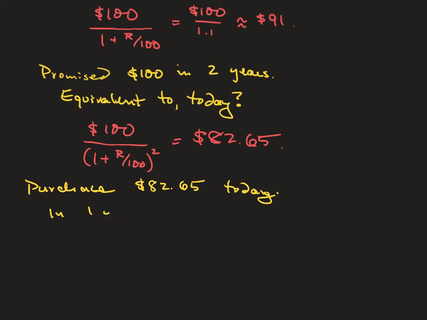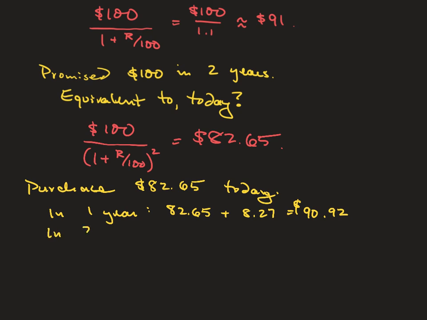In 1 year, it'll grow by 10%. So it'll be 82.65 plus 10% of 82.65, so 8.27. $90.92 is what I'll have on my credit card in 1 year.